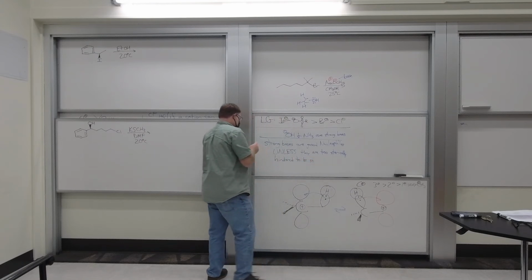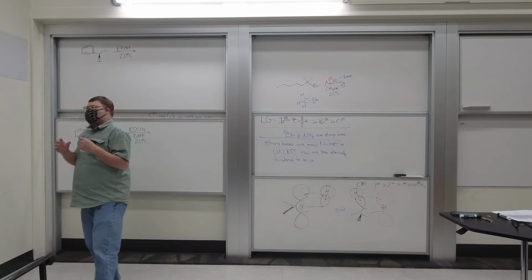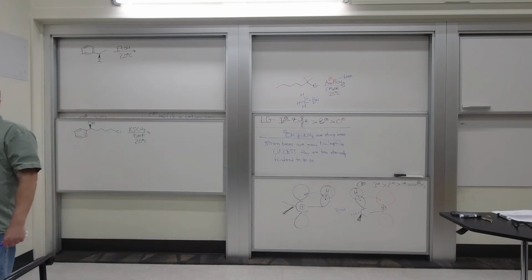This is a bit of a circular definition. I'll draw some structures to illustrate it here in a second. Any strong base is going to be a good nucleophile unless it is too big to do that.